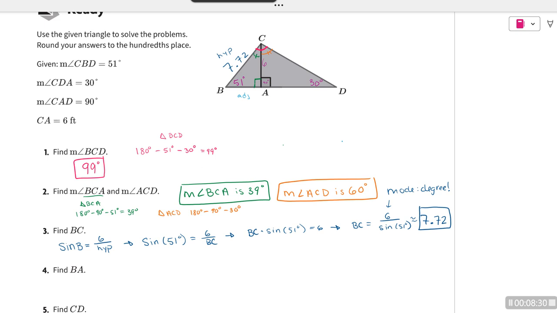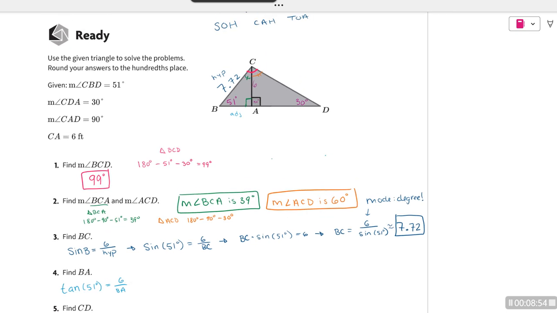If I use cosine, I have to use the hypotenuse, which is fine. But the hypotenuse is a rounded number, so let's use exact values as much as possible. Let's use the 6. So 6 is opposite B. If I want opposite and adjacent, let's use tan of 51. Tan of 51 is going to give me opposite 6 over adjacent BA. And if I don't want that BA down the bottom, I actually could use angle 39 instead.